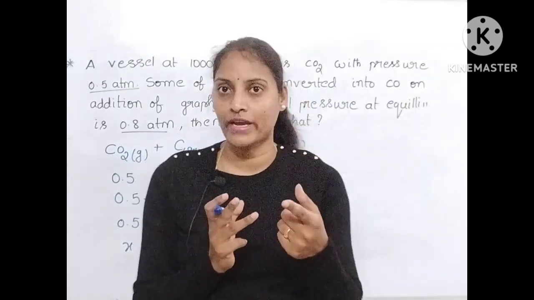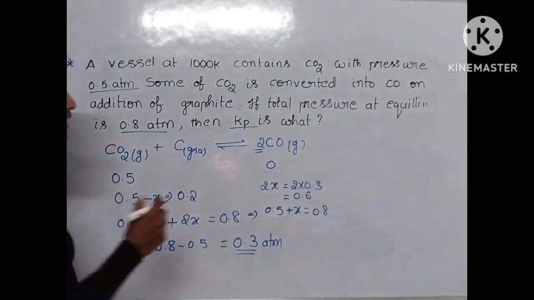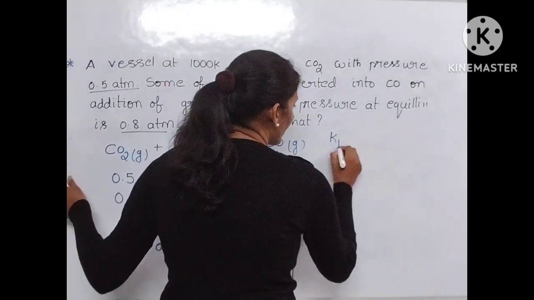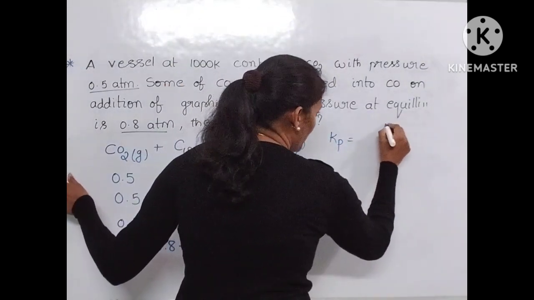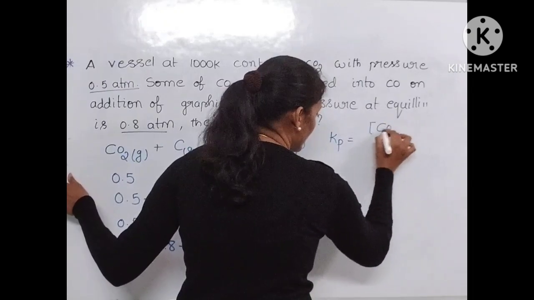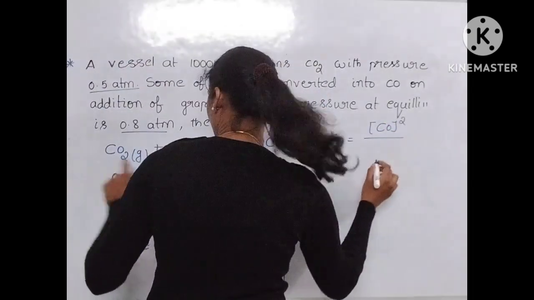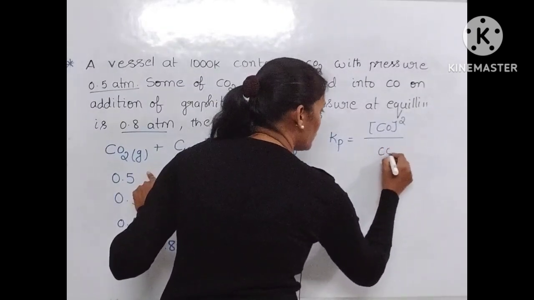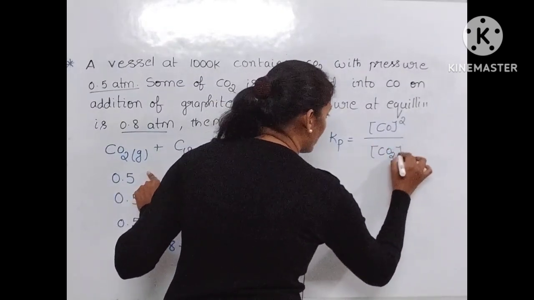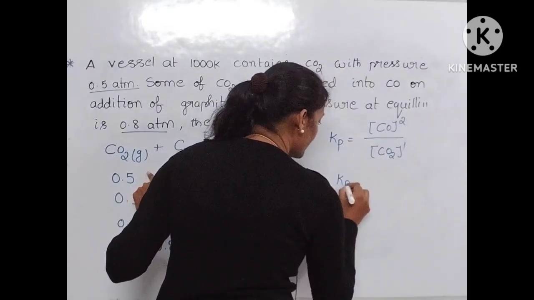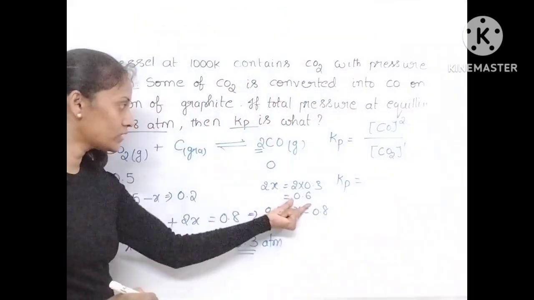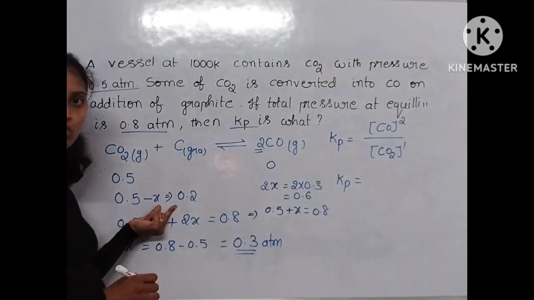Then you can go on to calculate the Kp value at equilibrium. Kp equal to the products' pressure, that is here CO power 2, as there are 2 moles, and then the reactant's pressure, CO2 power 1. So then here you can substitute the pressure of CO and the pressure of CO2.